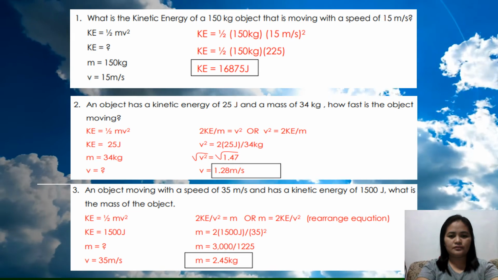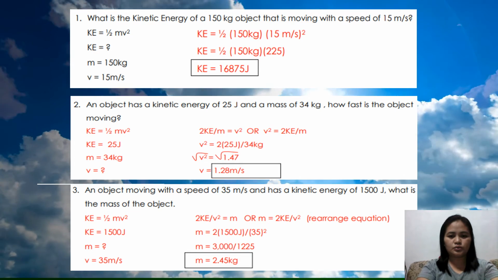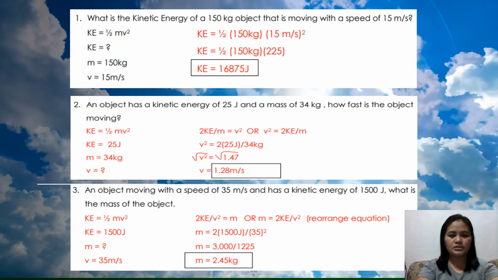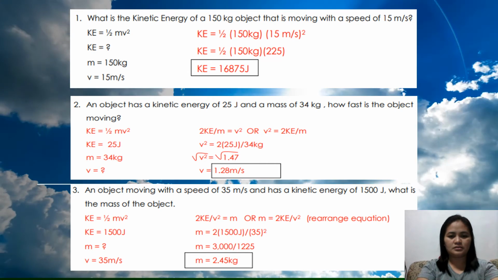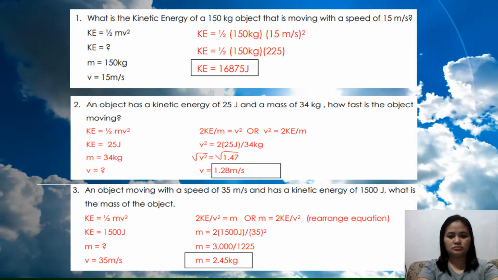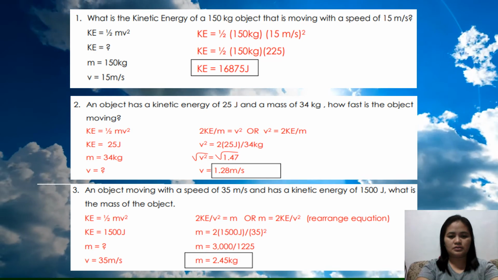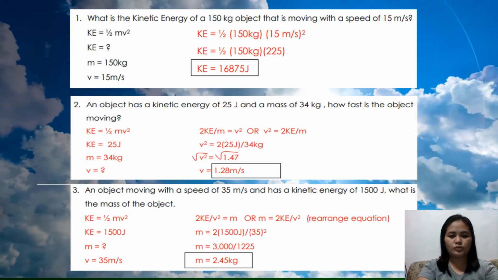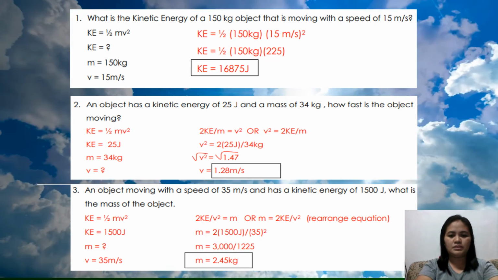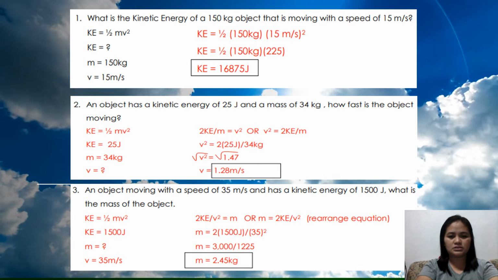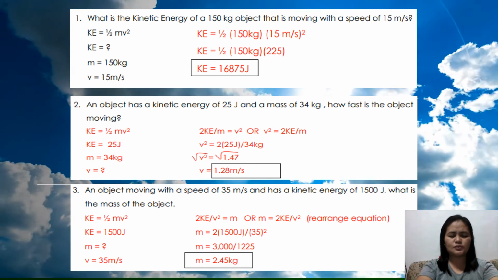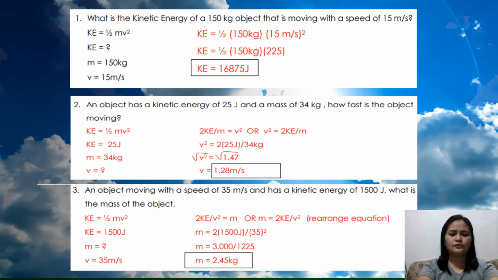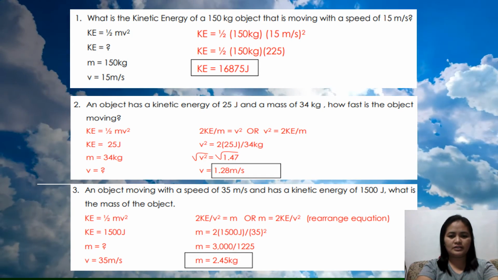Or velocity squared equals 2 KE over m. And then you square root. And then the answer is 1.28 meter per second. Basta substitution lang yan at following the formula.